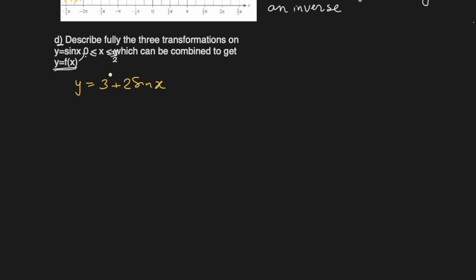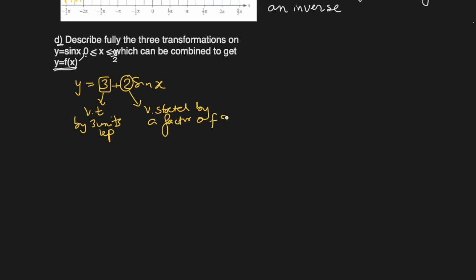All the transformations. We can see there is a vertical translation by 3 units up. There is a vertical stretch by a factor of 2, and I forgot to write 1/4 here.